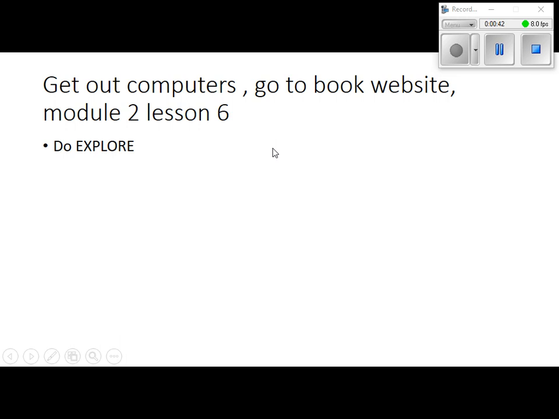On your computers, if you go to the book website and look at module 2, lesson 6, the Explorer there shows you a little bit of this.